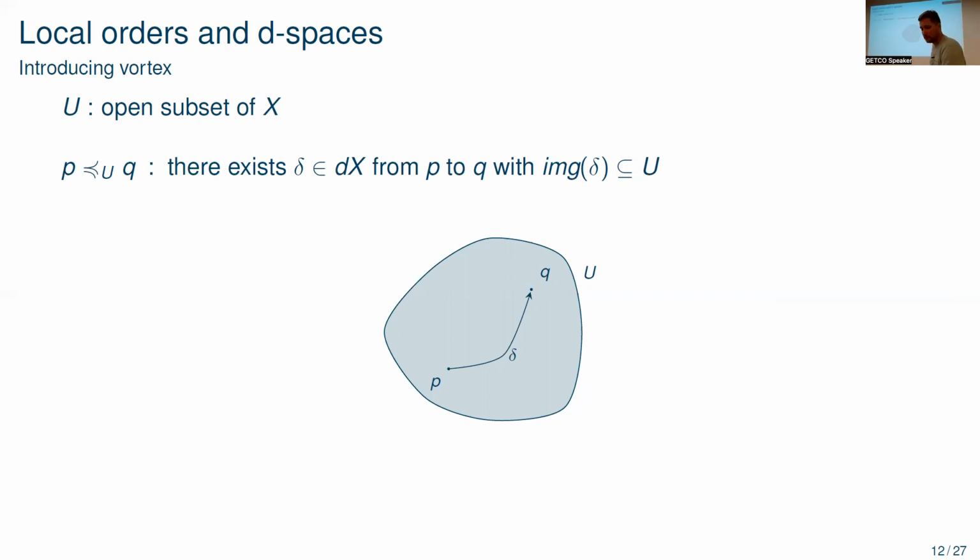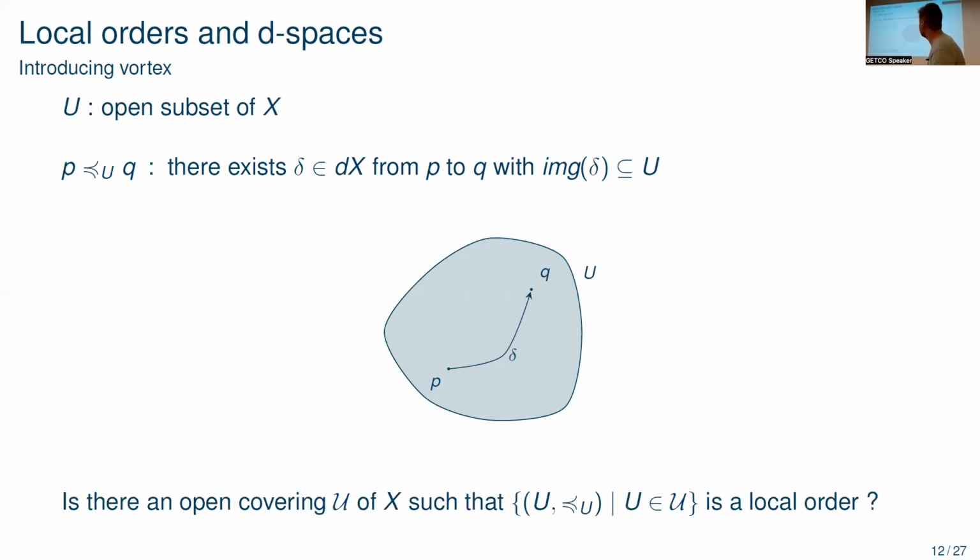Okay. But of course, the problem is that can you find an open covering of X such that those posets form a local order? In general, it's wrong. For example, if you have a vortex, it's not possible.